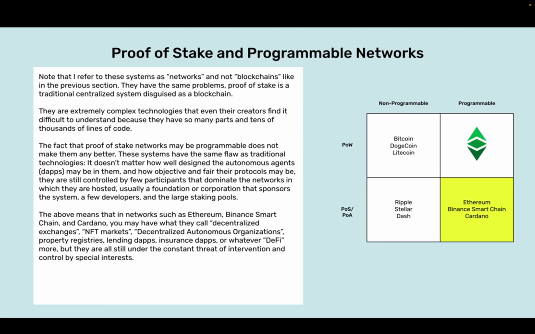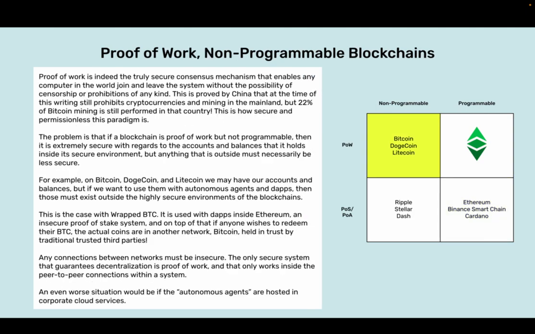The above means that in networks such as Ethereum, Binance Smart Chain, and Cardano, you may have what they call decentralized exchanges, NFT markets, decentralized autonomous organizations, property registries, lending dApps, insurance dApps, or whatever DeFi more, but they are all still under the constant threat of intervention and control by special interests.